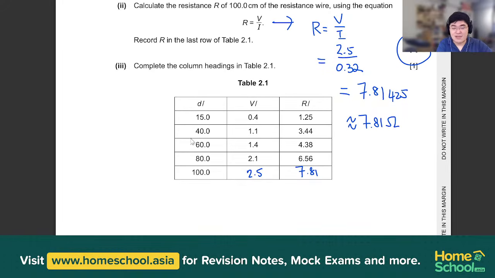Distance usually is, as we have seen before, in centimeters, in cm. Next, we have voltage, V, in volts. The potential difference is always in volts, and that's usually represented by V. And resistance over here, R, is denoted with the unit of ohms. So let's write that down as well.